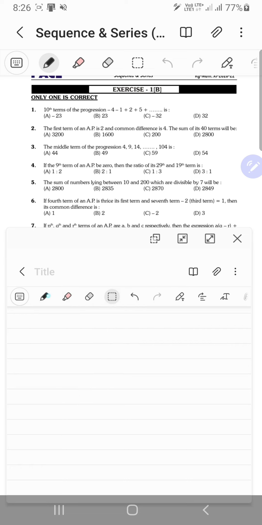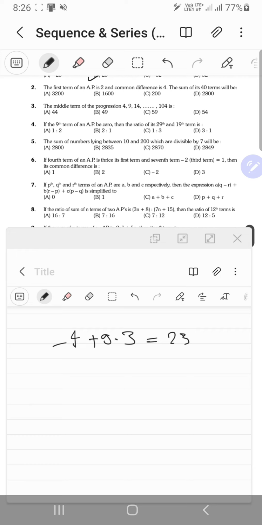Maybe they want the 10th term and not the sum of the 10 terms. Okay, let's just find what the 10th term is going to be. So it's a plus 9 times the difference, which is 27 minus 4, which is 23. Oh, that is there. So they don't want the sum, they want the 10th term.